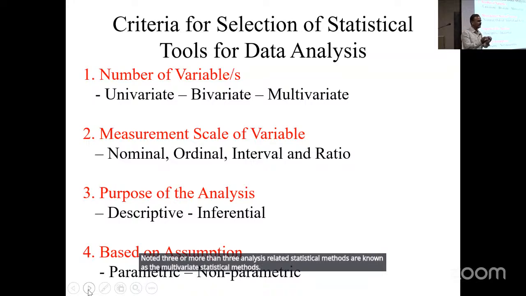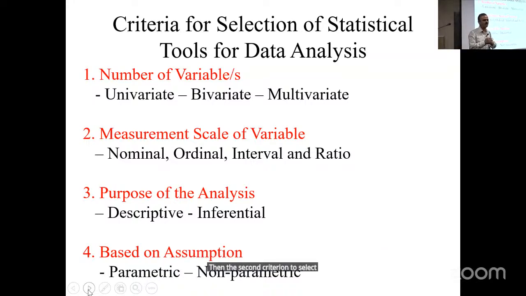Then the second criterion to select any statistical tool is based on how we measure our variable. It is a kind of statistical measurement. Based on that, we have 4 types of variables, and you are familiar with them, I hope.